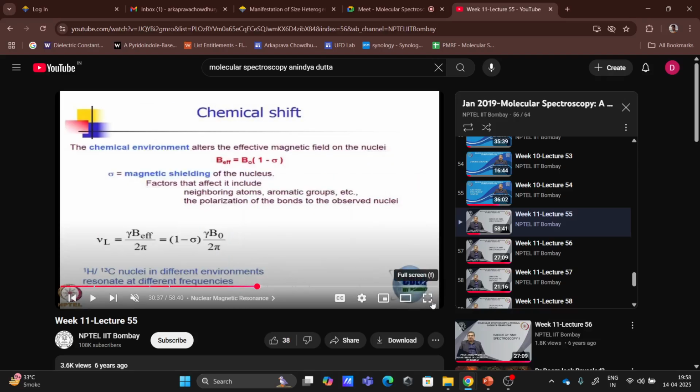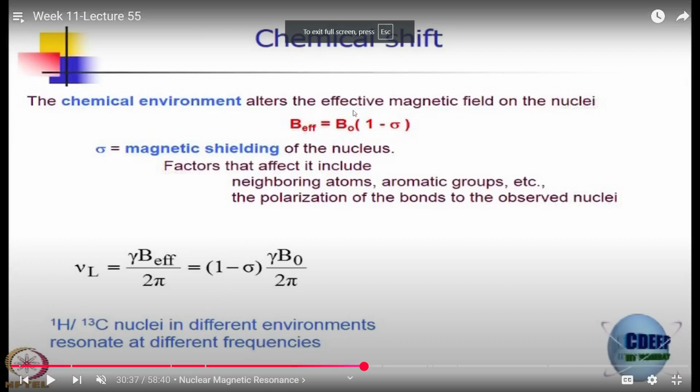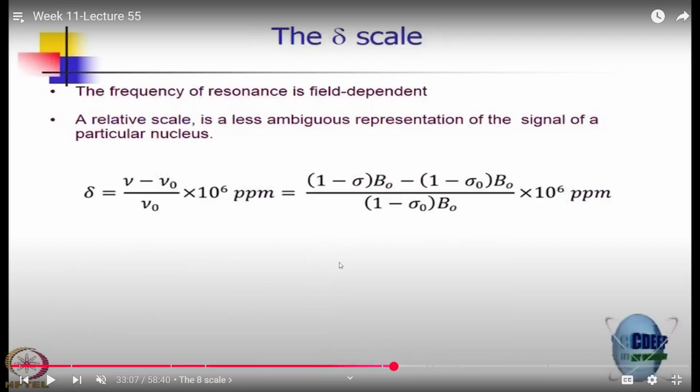This is what your Larmor frequency is, chemical shift, right? So this is the Larmor frequency you're going to get, and this is in delta scale. 1 minus sigma into B0, B0 is going to get cancelled, minus 1 minus sigma 0. What is sigma 0? Sigma 0 is for a reference, right? And what do we use as a reference?